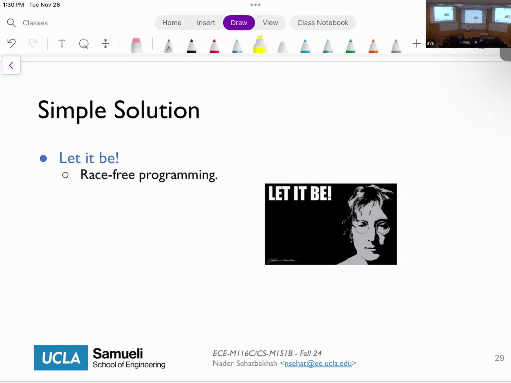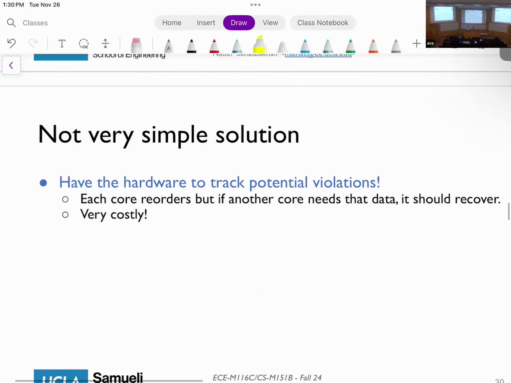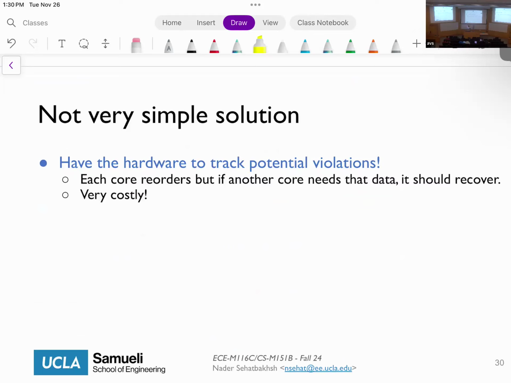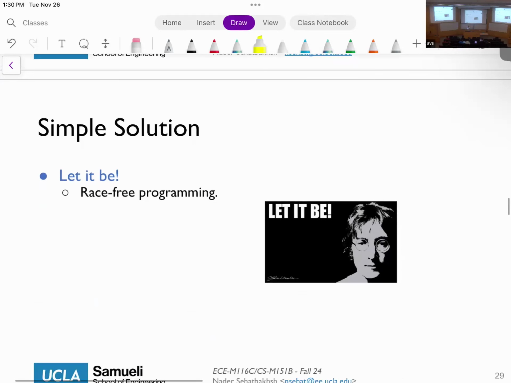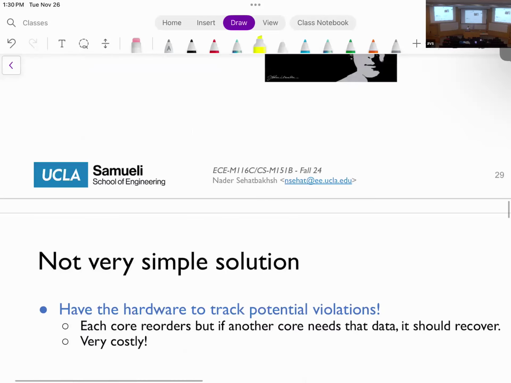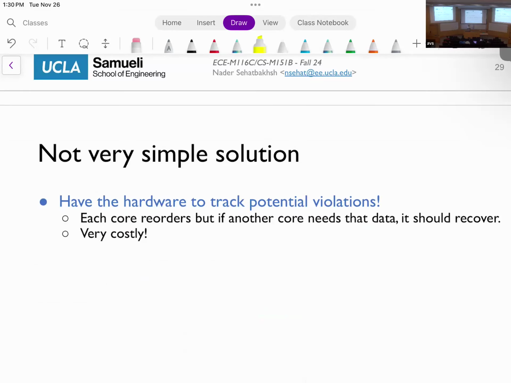This is okay, but it's usually not the easiest way. That's why we need to add some more capabilities. One option is that we can keep track of different things in hardware. If we see a violation, we can fix it. This is usually very costly because we need to track various violations.